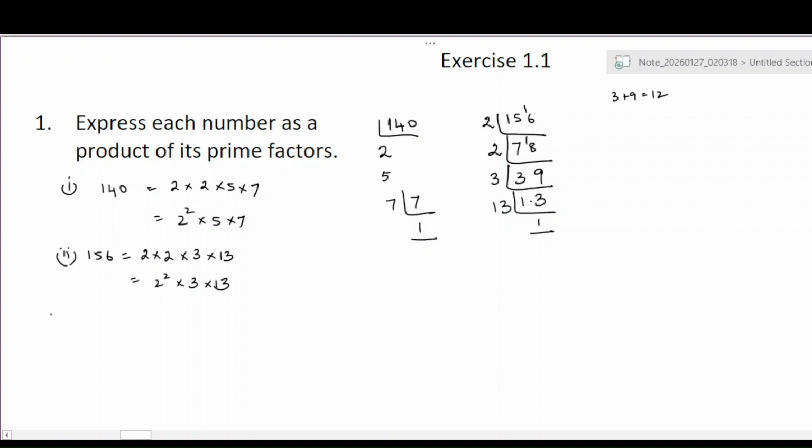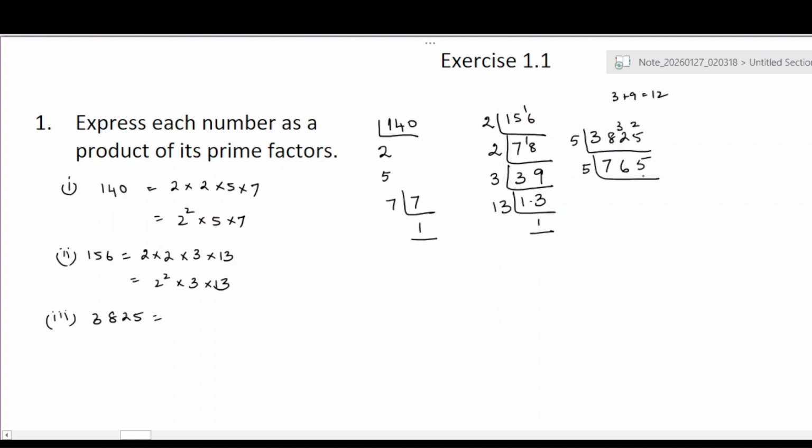Okay, next sum. 3825. The number is ending with 5, so we will go with 5. 38 means 35 7 times, carry over 3. 32 means 6 times 30, and remainder 2. 25 means 5 times.